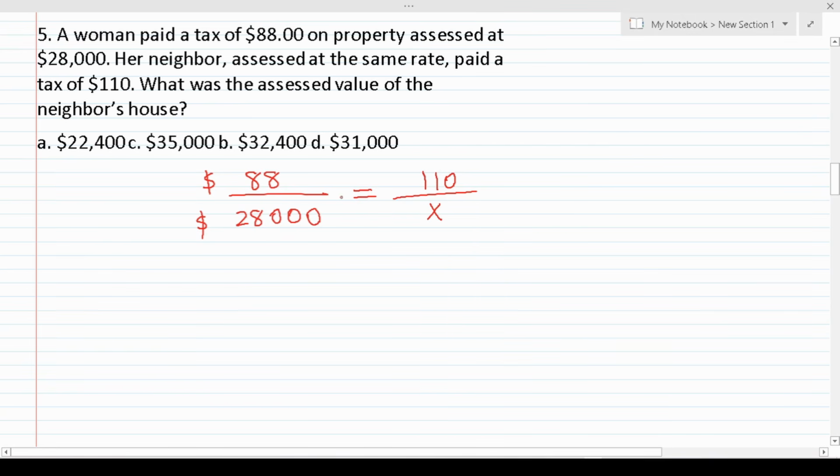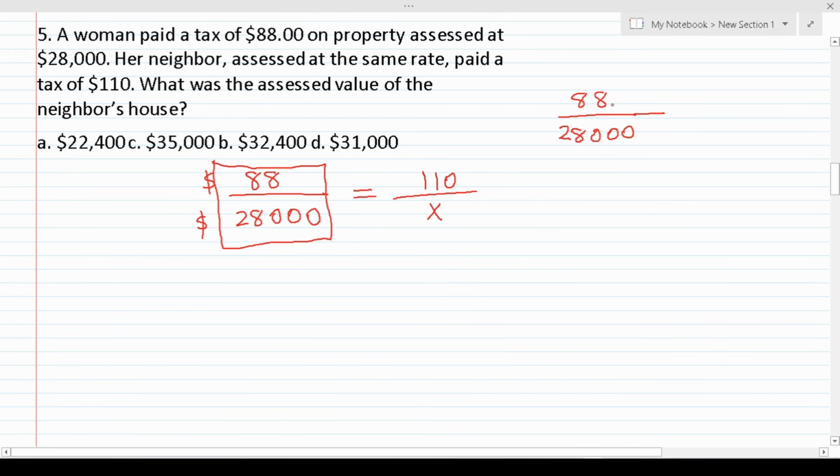That said, as you can see, we have 28,000 times 110, which is a lot of work. So to start, I'm going to try to reduce this fraction. This is 88 over 28,000.